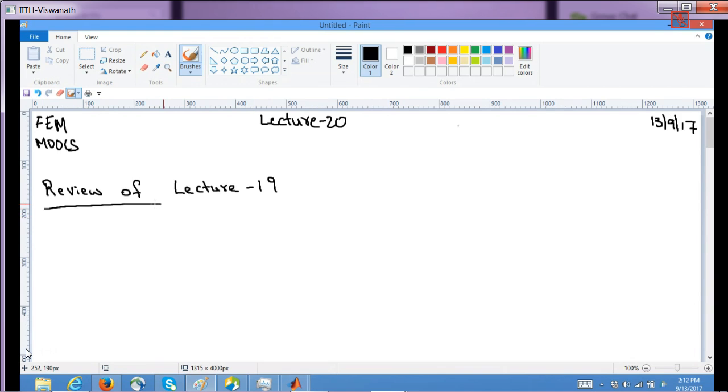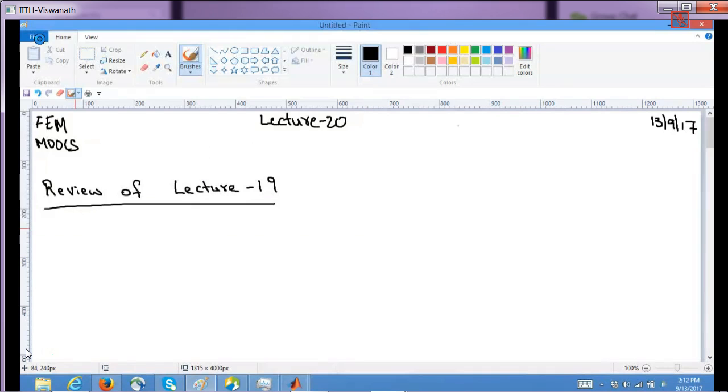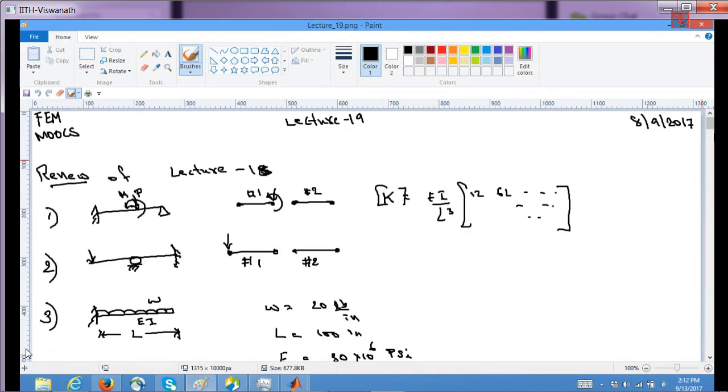So we want to go to lecture 19. In lecture 19, we were solving a few examples.